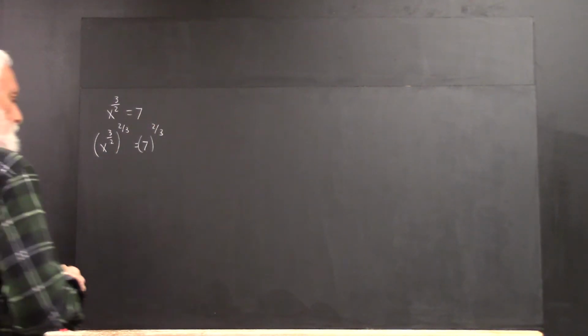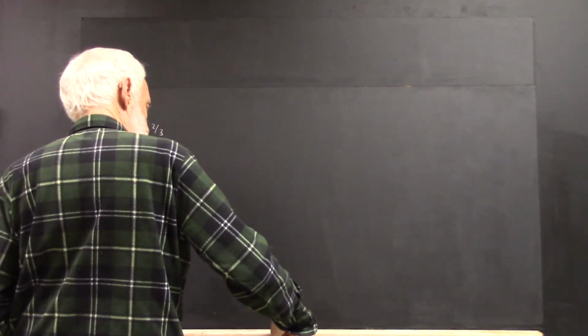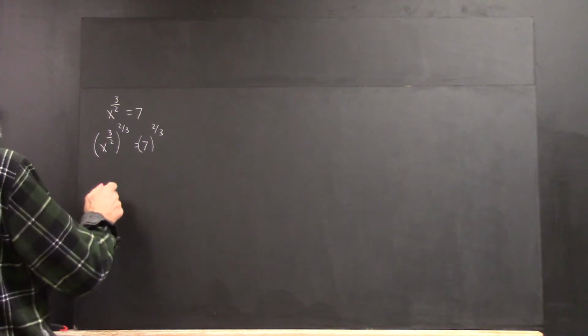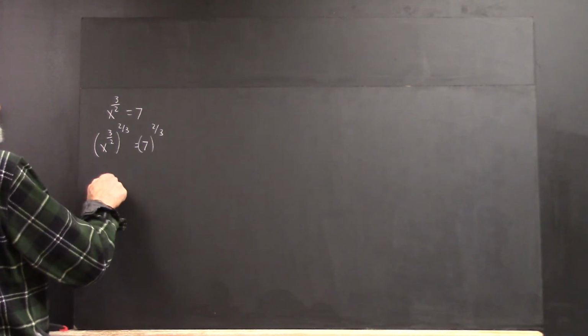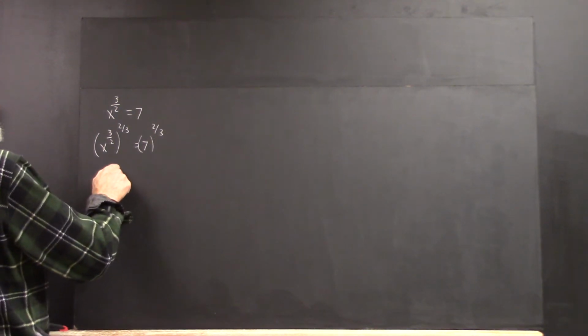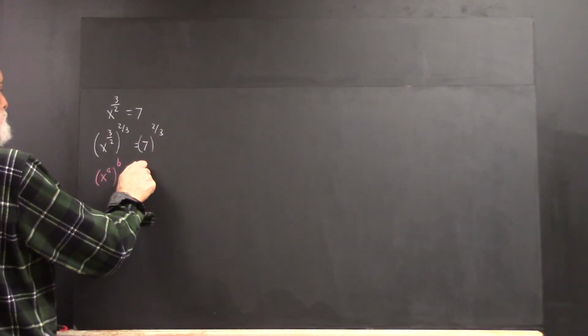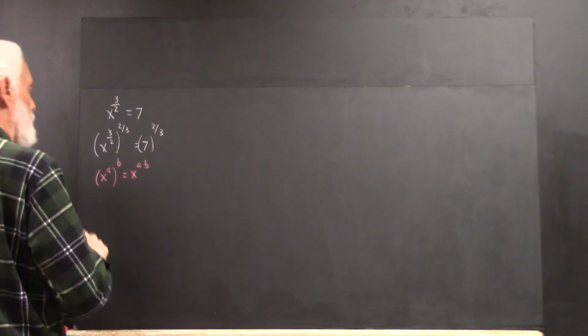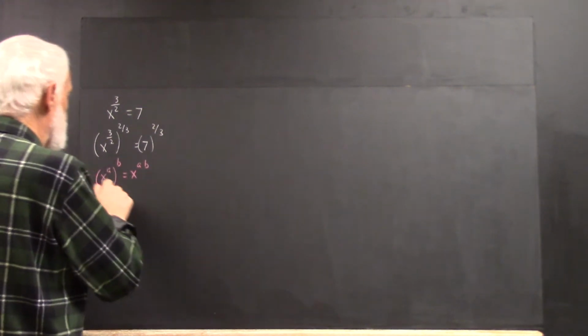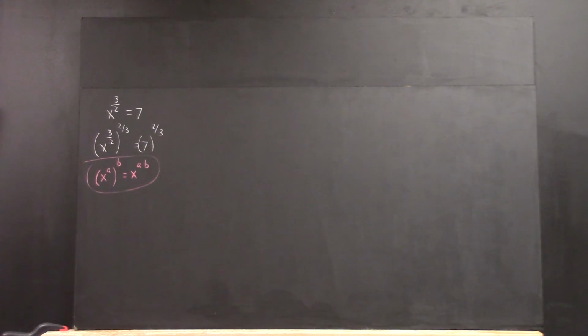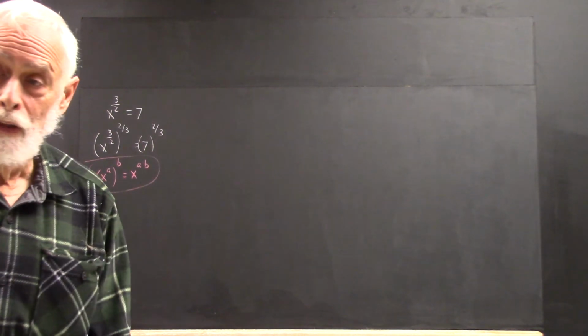We might have done this once or twice, but now why does this work? It's because x to the a raised to the b is x to the ab. And of course, I've asked you to test rules of this nature using small numbers.